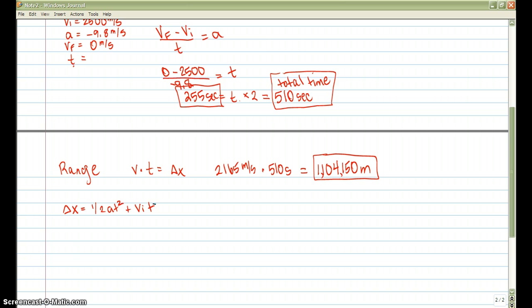This will help us to solve for that height. In this case, this delta x, we are referring to it as our height. So when we're plugging our variables into our equation, we have to think about that delta x as our height.